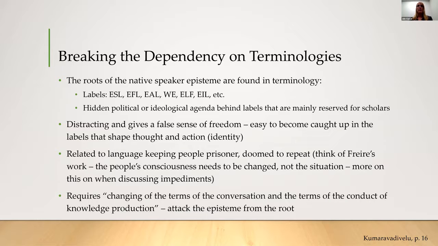So talking about breaking dependencies on terminologies as well. In this native speaker episteme, we have several terms or labels that maybe we stick to that help to identify us as part of being this inner circle. But we need to use critical thinking to stop and think about that and check and see what's behind that.